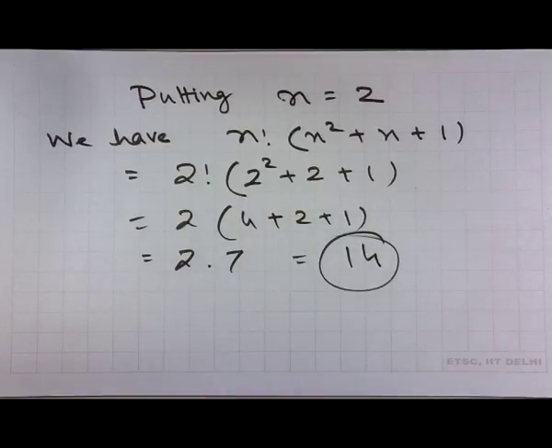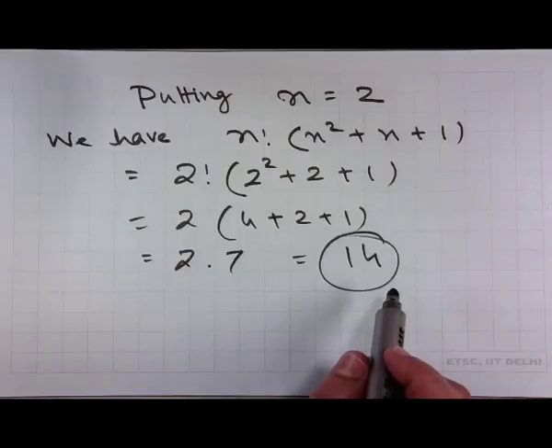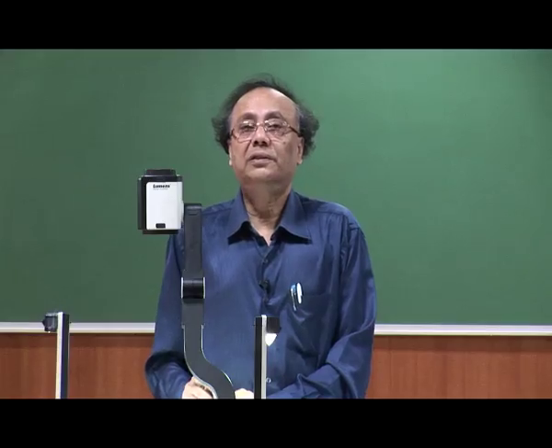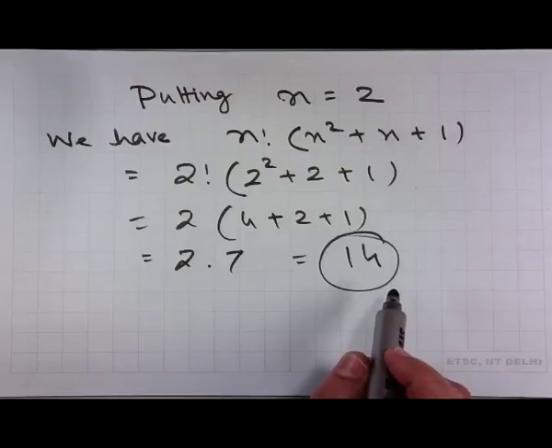Therefore, we verify the answer with n equal to 2. Therefore, that gives us the determinant of the apparently complicated matrix with the permutation of n and combination of n formula inside.